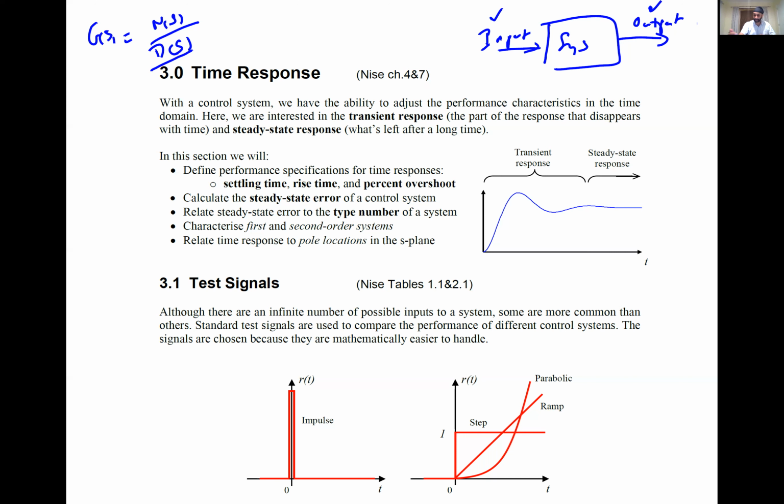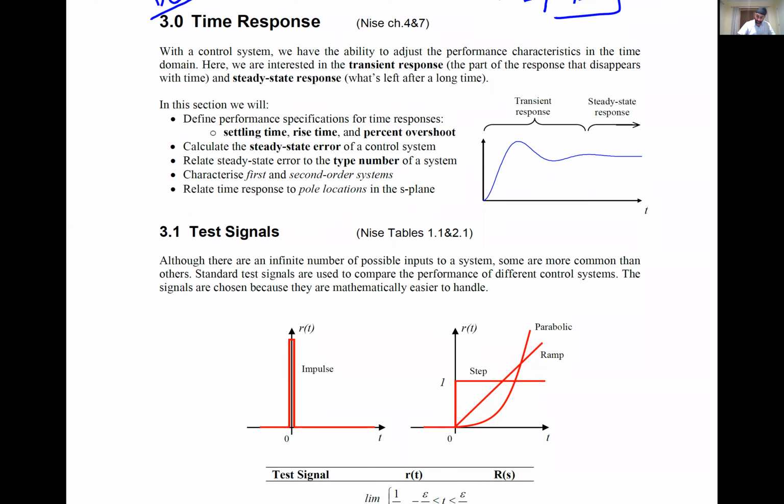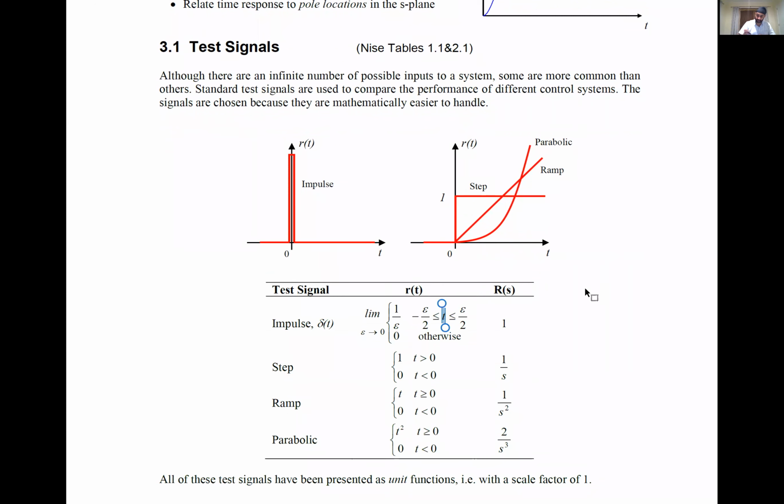We usually use certain benchmark or test signals. These are the ones for which we have already described the Laplace transform. We looked at the impulse, step input, ramp input, and parabolic input.